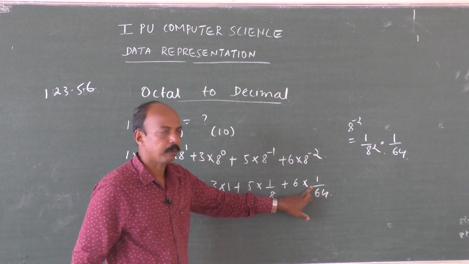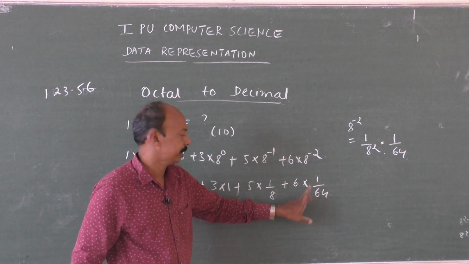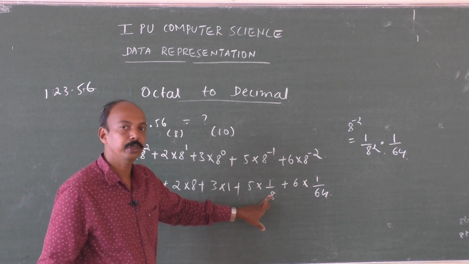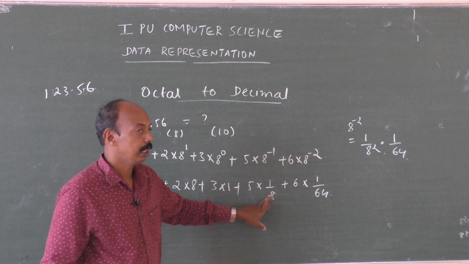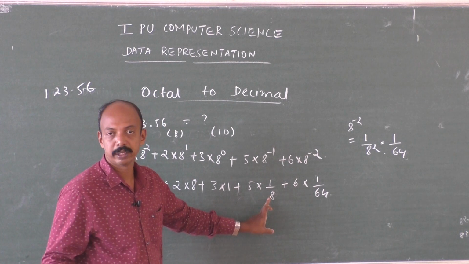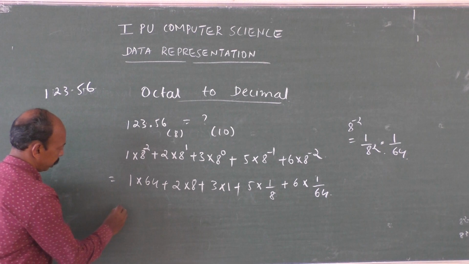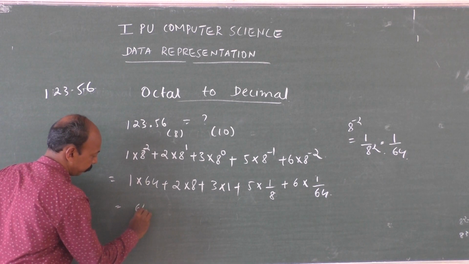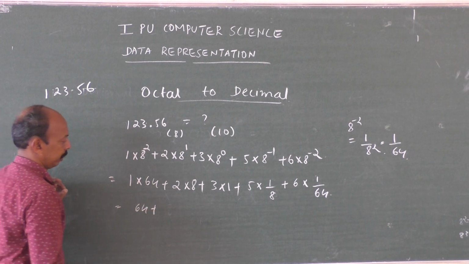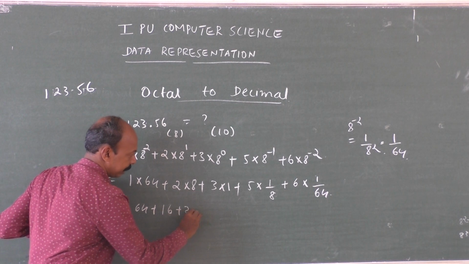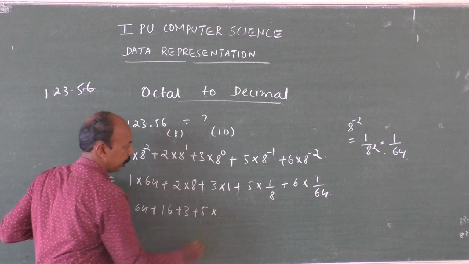It will be a very, very small value because it is 1 divided by 64. 1 by 4 itself is 0.25, and 1 by 8 is half of that, so it will be a very small value. So it will be 64 plus 8 into 2, 16, plus 3 plus 5 into 1 by 8.